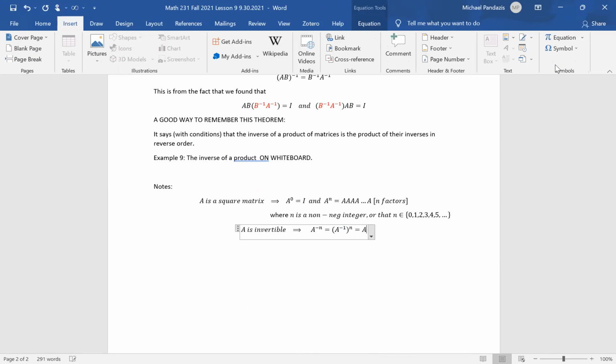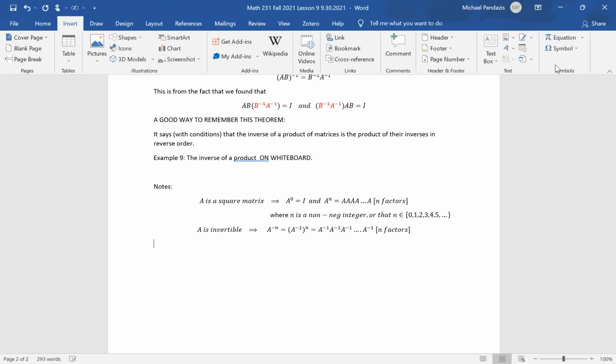So if you have A inverse and you multiply it by itself n times, that's A negative 1 to the nth power. There are n factors here in that product. This is still where n is a non-negative integer, in the set 0, 1, 2, 3, 4, 5, 6, and so on. So n can be 0, because then A negative 1 to the 0 is just the identity.